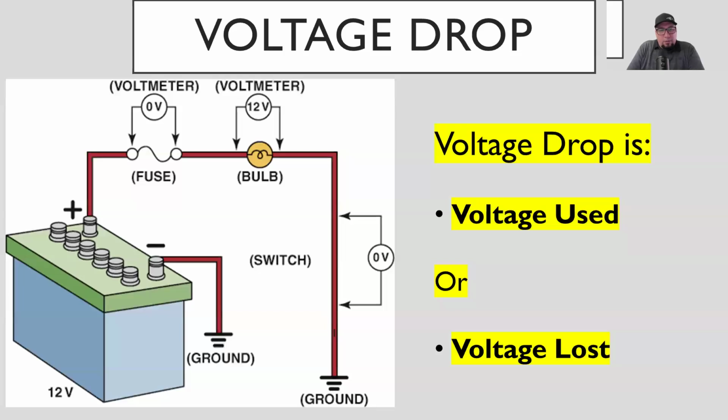If we have a bad ground, so if the ground circuit at the end of the bulb is bad or not connected properly, we would lose voltage on that ground circuit, and that would be lost voltage, not used voltage, because in essence, it's not being used by the bulb, which it should be. So the bulb could be using possibly 9 or 10 volts, and we'd be losing 2 to 3 volts on that loose ground. So voltage drop is voltage used or voltage lost.